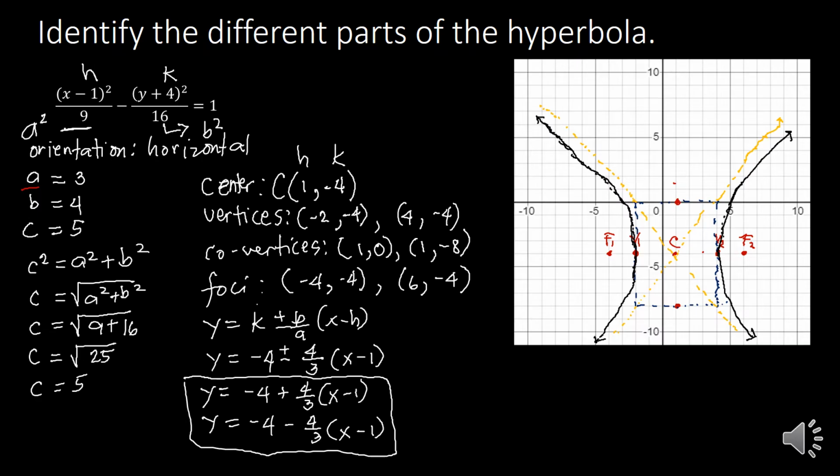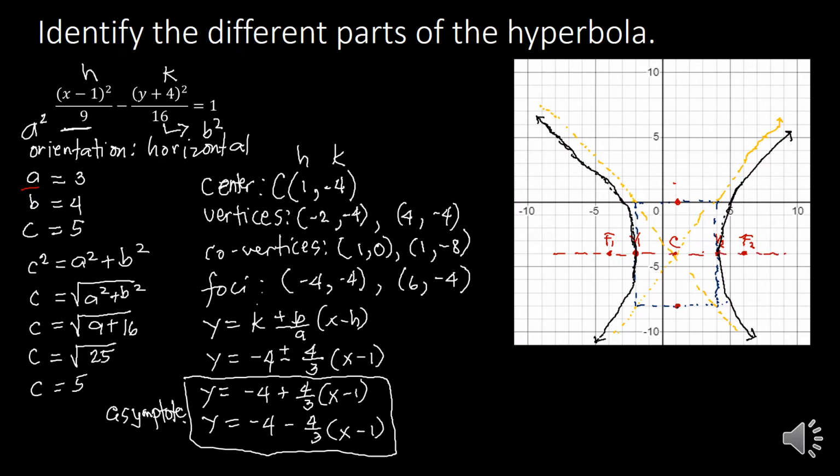Now next, once we're done with the asymptote, we are going to identify our principal axis. Because the orientation of our hyperbola is horizontal, we have our principal axis as this. Take note, the principal axis is a line that passes through the focus, the vertex, and the center.